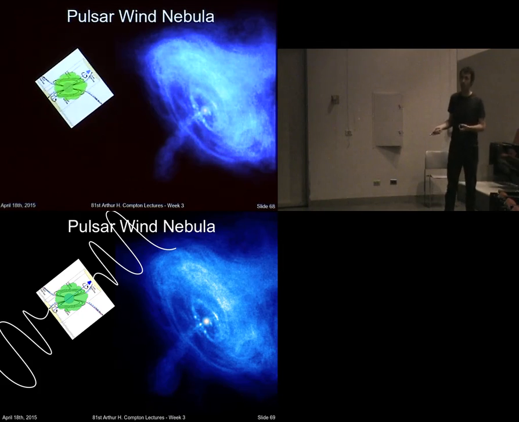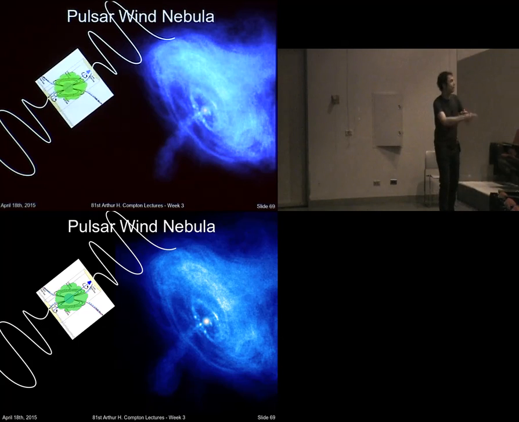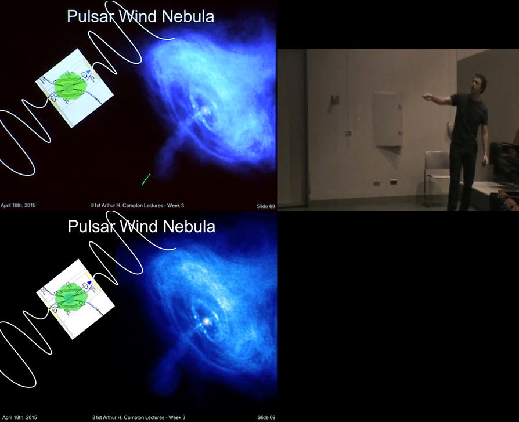What do you think they're going to look like when they escape? They're going to spiral around. So the magnetic field line, as it comes out from the top here, is going to spiral around, and the magnetic field line from the bottom is going to spiral around. And this coil of magnetic field provides like a funnel to fire out this jet of particles, and that's why the jet is there.